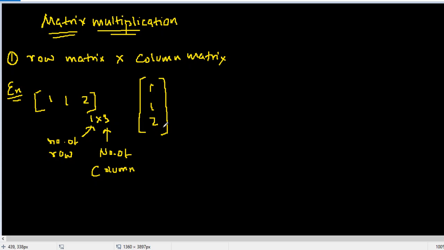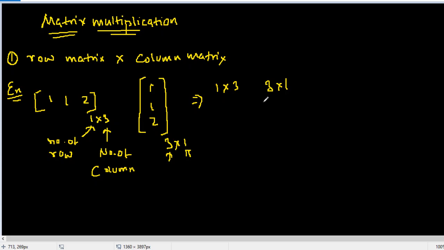So the column matrix comes out to be 3 cross 1. Same here, this one represents the number of rows and this one represents the number of columns. So the orders of these matrices are 1 cross 3 for the row matrix and 3 cross 1 for the column matrix.